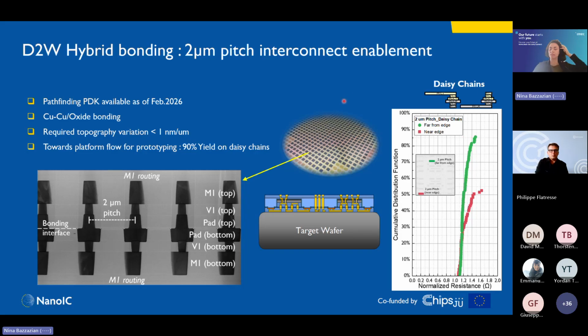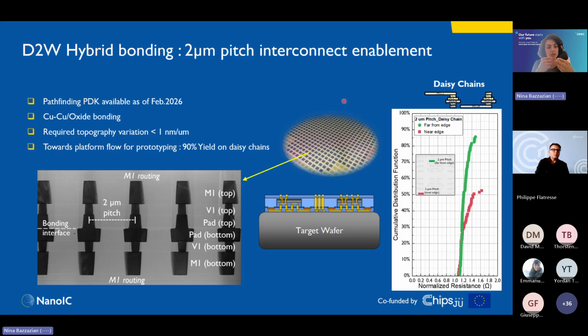On the process end, the process itself is quite challenging because we bond electrically active wafers through direct copper-to-copper connections. And what makes it challenging from the process perspective is the surface topography, because the requirements are extremely strict, I would say.